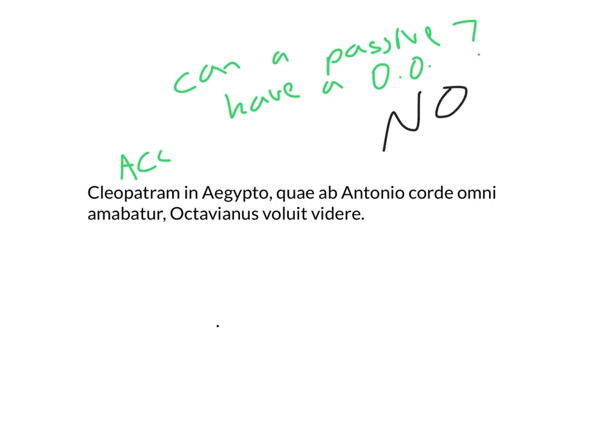The direct object is the patient of the sentence, the one being acted upon. And when that's the subject, there's no room for somebody else to be acted upon. And so when you see that accusative Cleopatram, you know actually that you're going to have some kind of active verb going on to her.